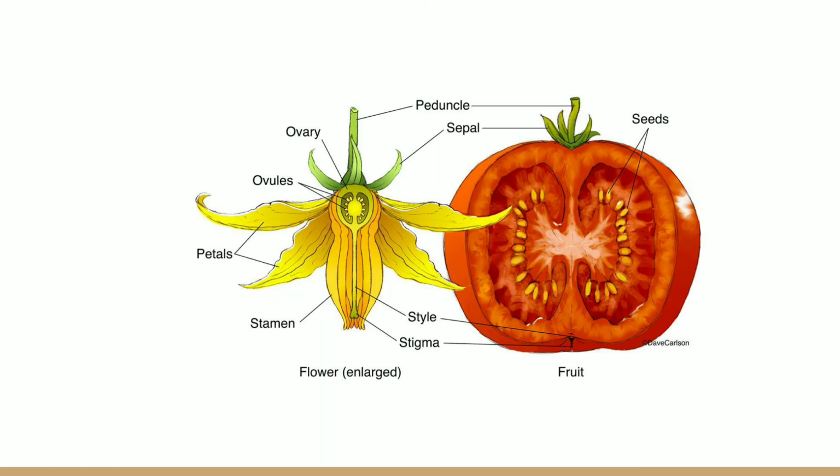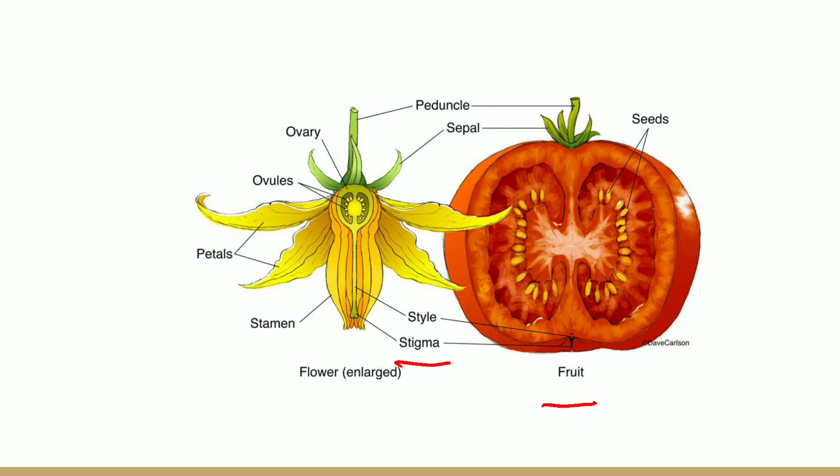So, as I told you, flower is a part of the plant which is involved in reproduction, which will produce fruit, and inside which seeds are present. Seeds on germination will produce the new plants. Here you can see and compare the different floral parts with the fruit. This is the stigma present in the flower, which later can be seen like this in the fruit.